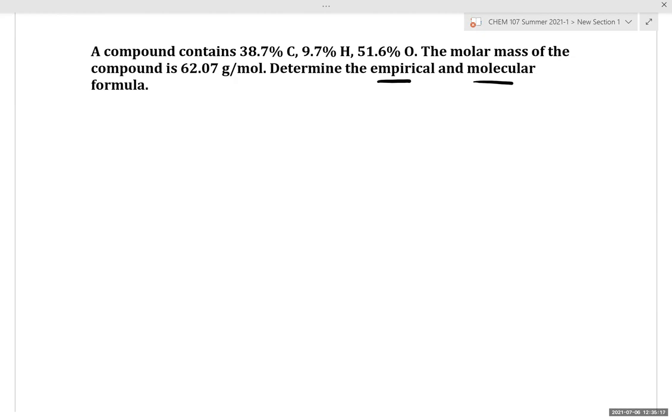I want us to collaboratively solve this example by sharing our thoughts and responses as we work through this problem. If you'd like me to annotate any of your written work, you can share a photo of your work in the chat, explain your process verbally, or annotate directly on the class whiteboard. This is the type of problem that you would likely see on exams, so it's important that we're able to calculate the empirical formulas.